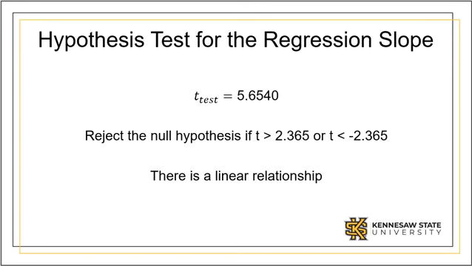If the test statistic is either greater than 2.365 or less than negative 2.365, depending on whether the slope is positive or negative, we will reject the null hypothesis. We conclude that beta sub 1 is not zero, and there is a linear relationship present. In other words, the slope is something other than zero. This was also concluded from the confidence interval calculation. Both methods affirm each other.